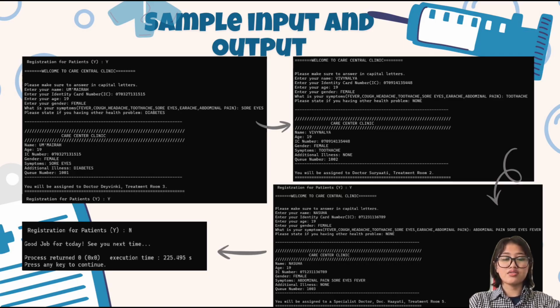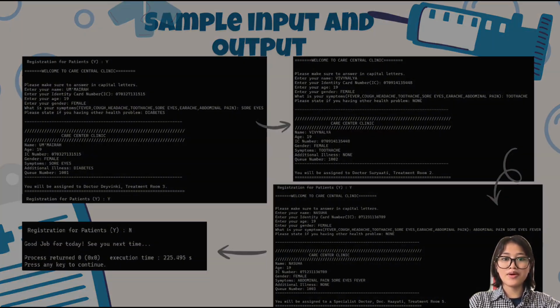Once the selection and calculation is completed, a slip will be displayed showing the breakdown, which is the name, age, IC number, gender, symptoms, additional illness, and queue number for the doctor's reference, and also for the patient's reference. At the end of the program, the execution of the program can only be ended by inputting character N by the user, or in this case, the clinic's staff member.